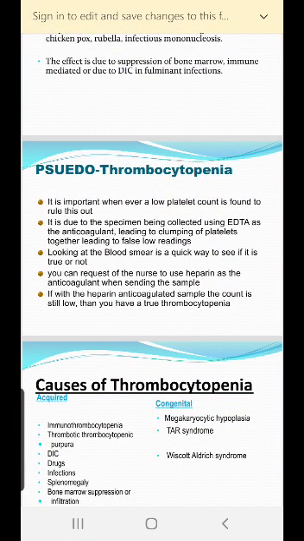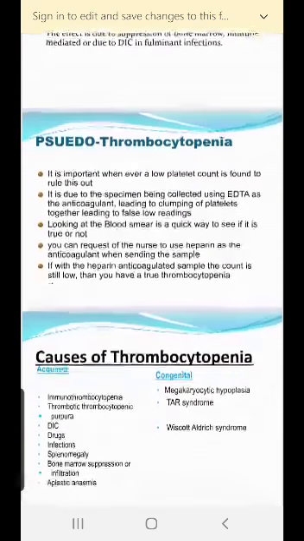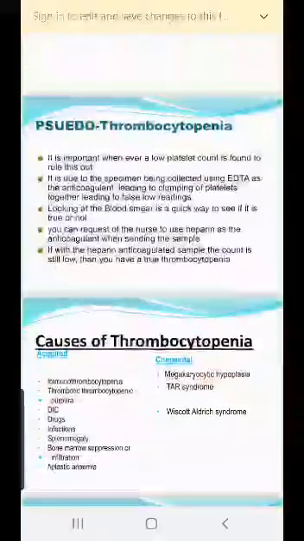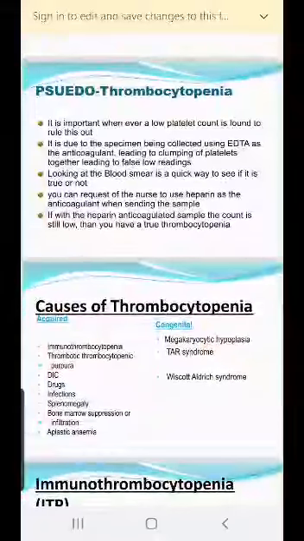Now there's another terminology known as pseudothrombocytopenia. Pseudo means the platelet count is actually normal, but there is a faulty collection of blood. Because of the faulty collection of blood, the platelets are either aggregated or fused together, and the machine is not able to calculate the exact platelet count. Okay, so in those situations, what do we say?